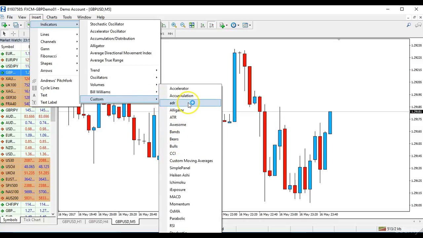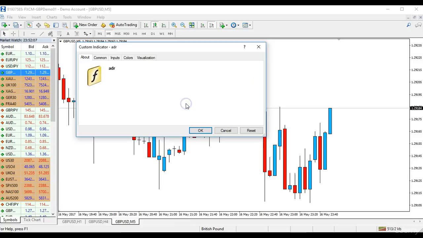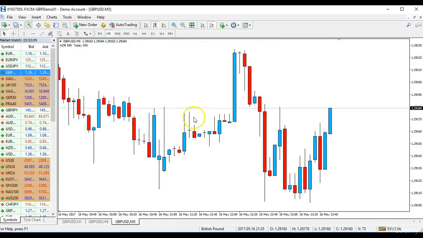There's a couple of indicators I use, but I use them as a guide. They are a help, but they are not a leader. Let me click one of the ones I use. This one is called an ADR indicator. What it does is work out what the daily range was for the past 5 days, and it tells you what you should expect for today.